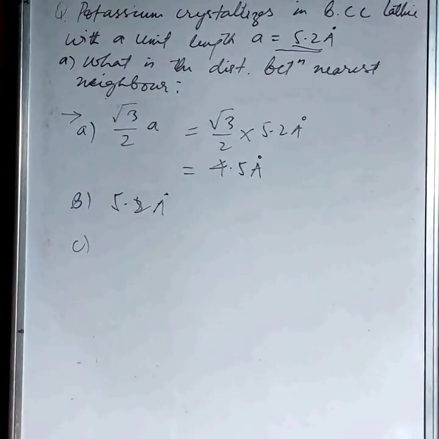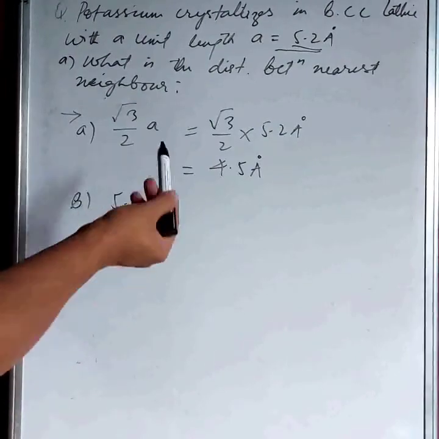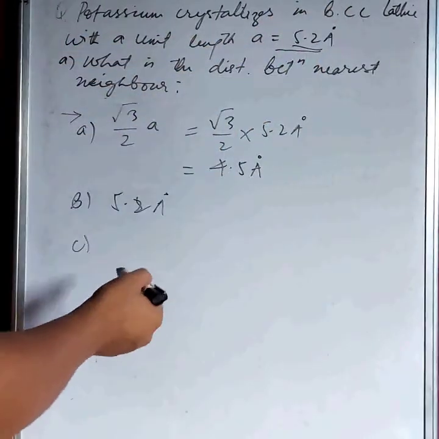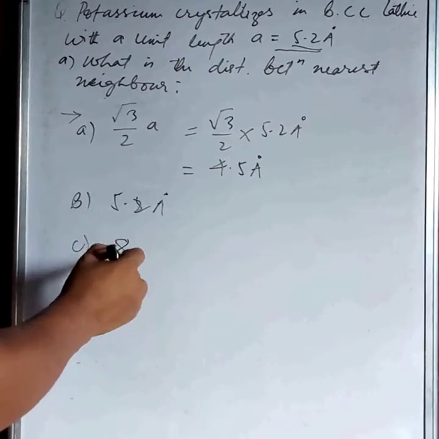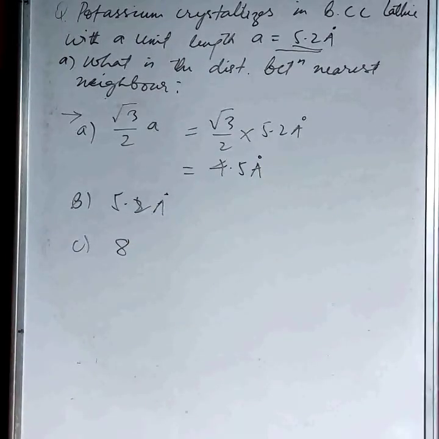For C, how many nearest neighbors does a potassium atom have? That means the coordination number, and for the body-centered cubic system the coordination number is 8, so the answer is 8. For D, how many next nearest neighbors does each potassium atom have?